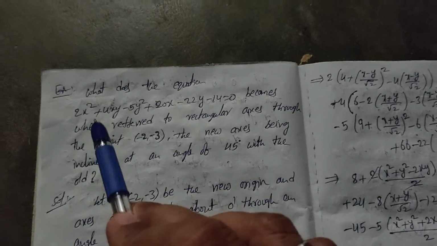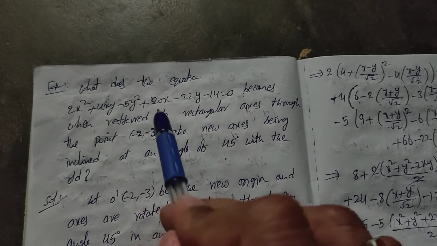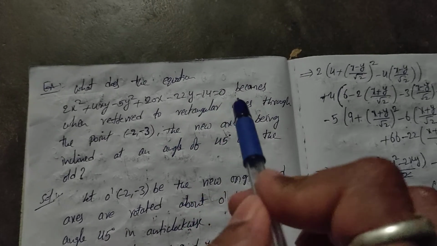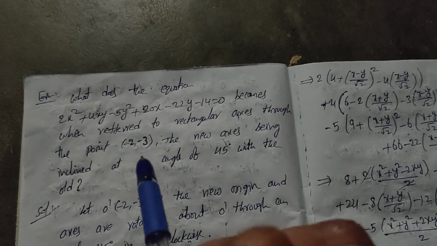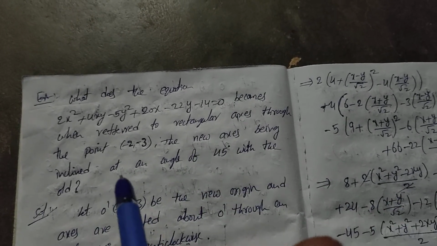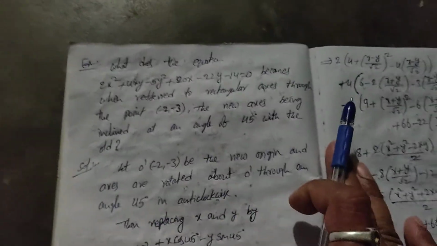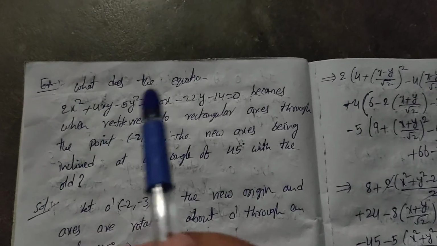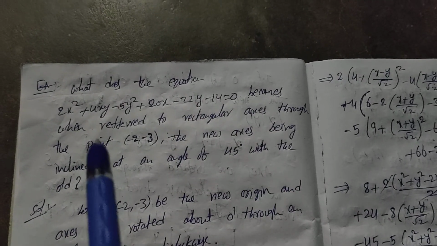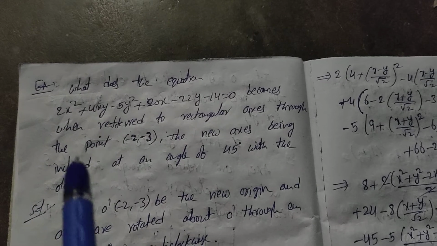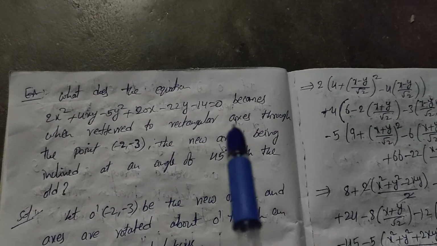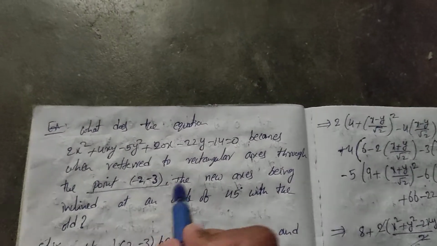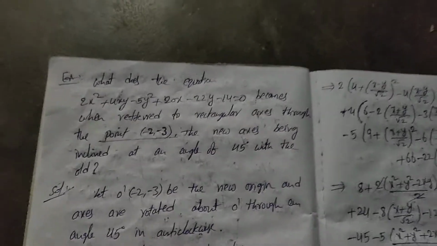Next one is based on this one, you take one question. What does the equation 2x square plus 4xy minus 5y square plus 20x minus 22y minus 14 is equal to 0 become when referred to rectangular axes through the point (minus 2, minus 3), the new axes being inclined at an angle of 45 degrees with the old? So again the question: when referred to rectangular axes through the point (minus 2, minus 3), that means the origin is shifted to this point (minus 2, minus 3).